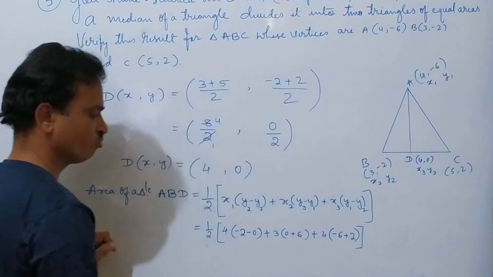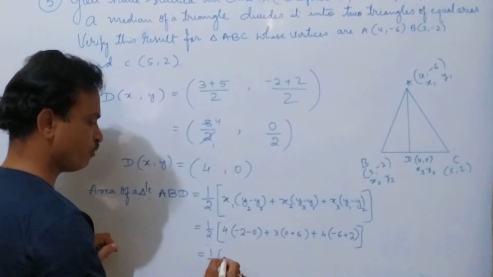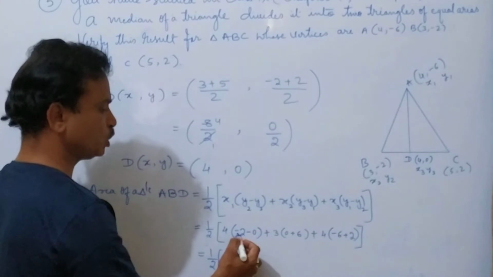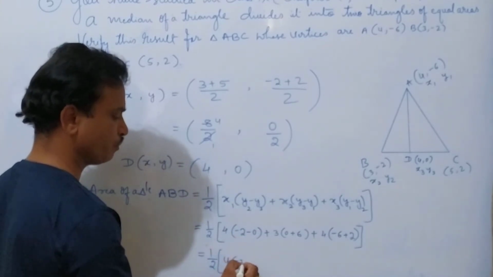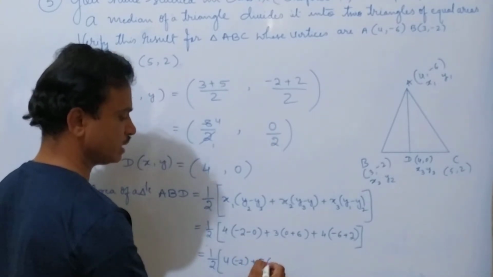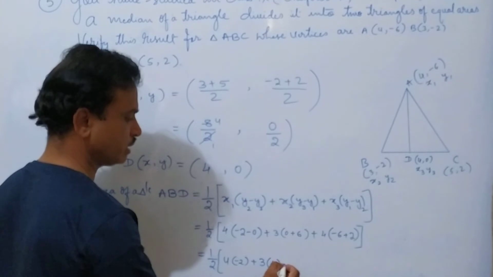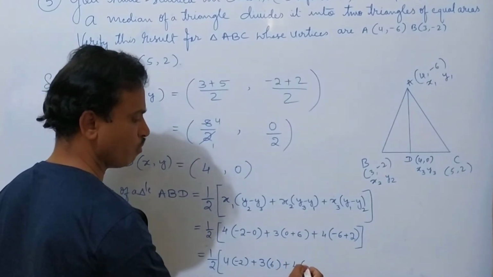Then 1 by 2, then 4 into (minus 2 minus 0), that is equal to minus 2 only. Then plus 3 into (0 plus 6), which is 6. Then plus 4 into (minus 6 plus 2), which is minus 4.